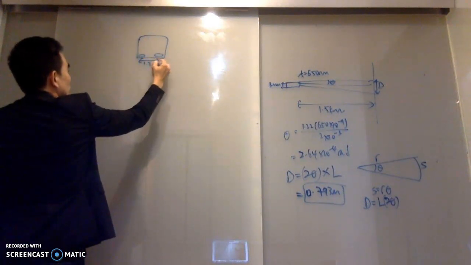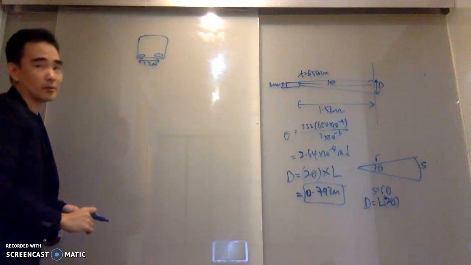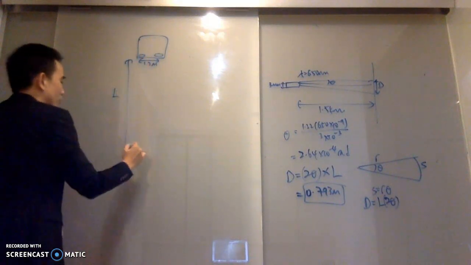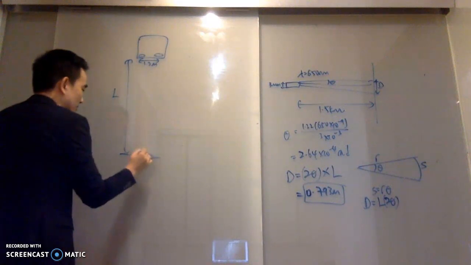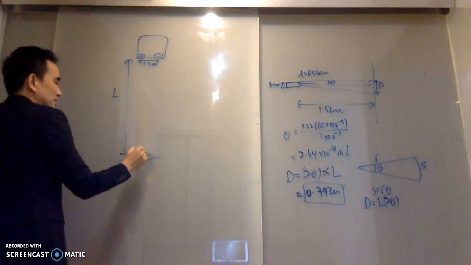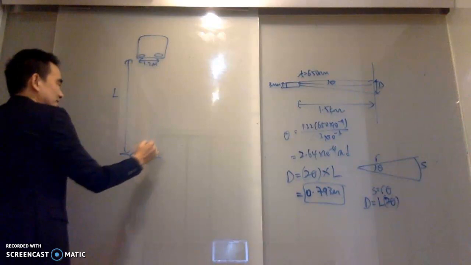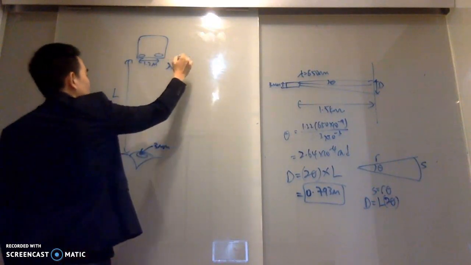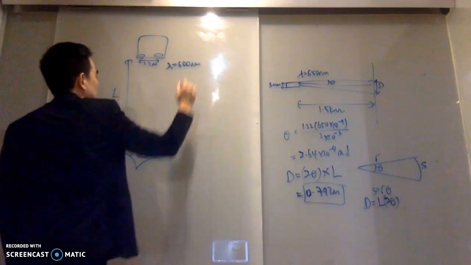So let's assume that the headlamps are separated by about 1.2 meters. The distance to the headlamps is L, and your eyes are the ones looking at it. So this is the aperture, this is the opening. Let's assume that it's about 3 mm again. The wavelength of the light is 600 nanometers.